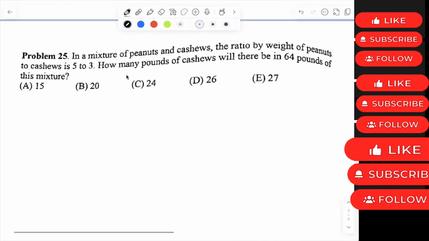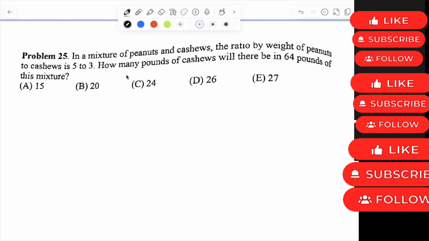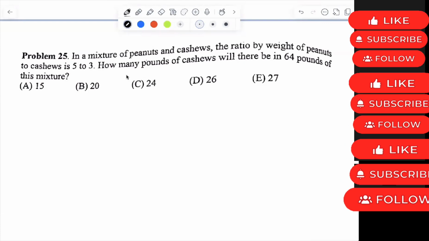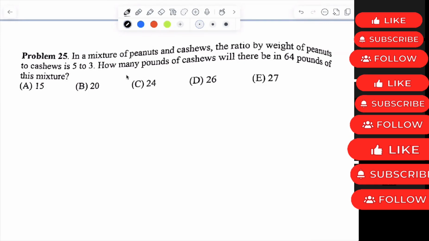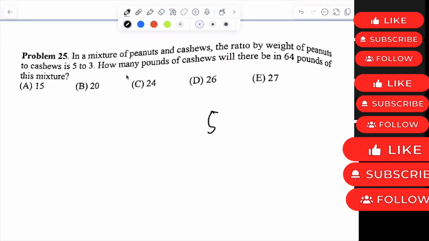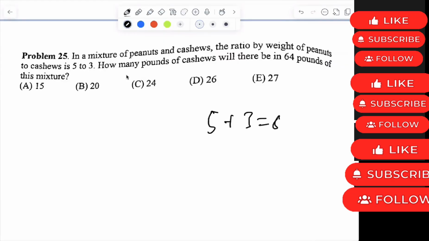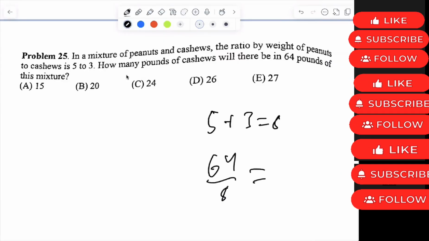In a mixture of peanuts and cashews, the ratio by weight of peanuts to cashews is 5 to 3. How many pounds of cashews will there be in 64 pounds of this mixture? Well, clearly, it's going to have 5 parts and 3 parts, a total of 8 parts. And 64 pounds, that's going to make it 8 pounds per part.